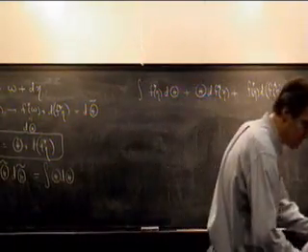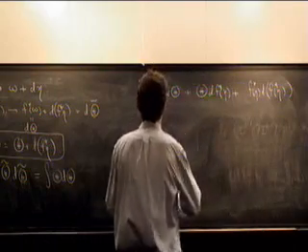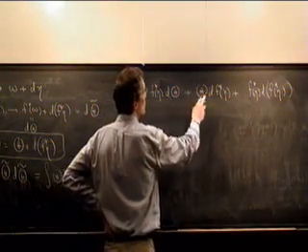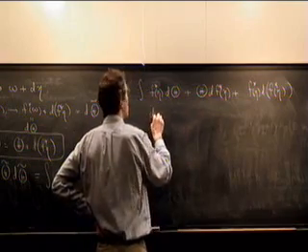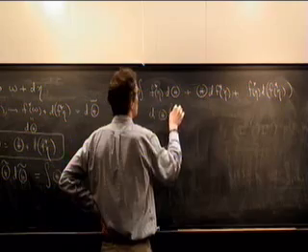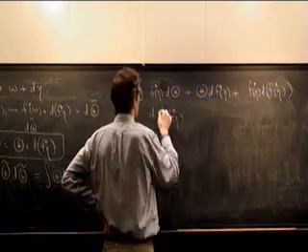Now, what do we do? Well, this is a 2 form, this is a 1 form, so I think I can write this as d of theta f star of eta. I hope so.